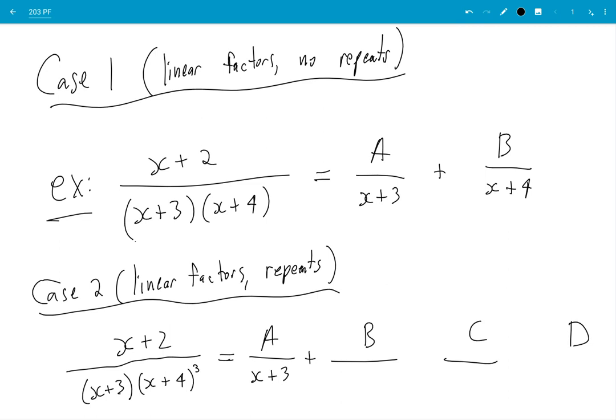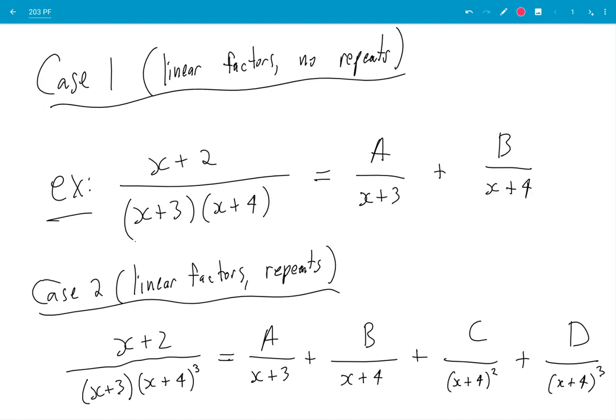B, C, D. And what you do is count your way up the powers, like so. Okay, so pause and copy.